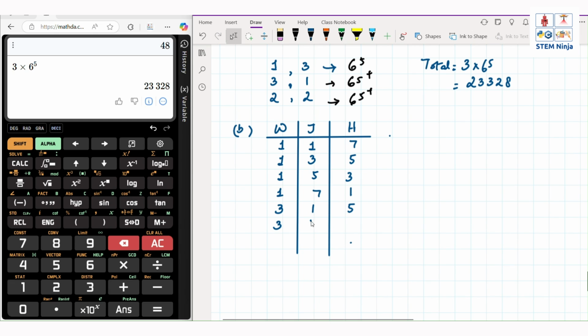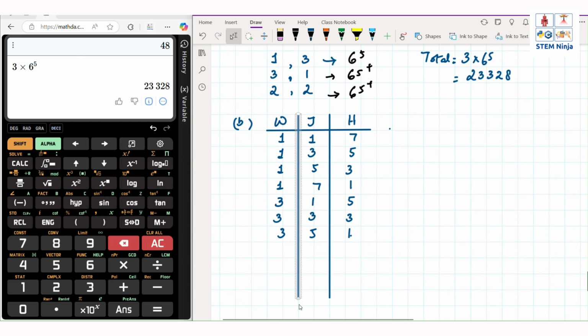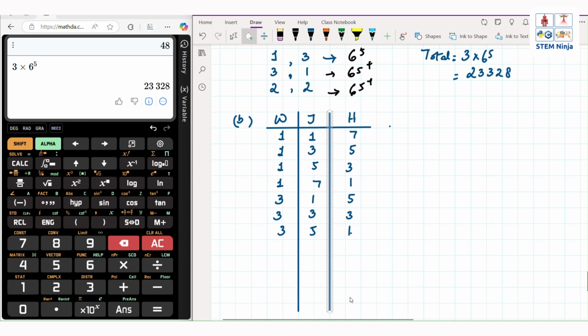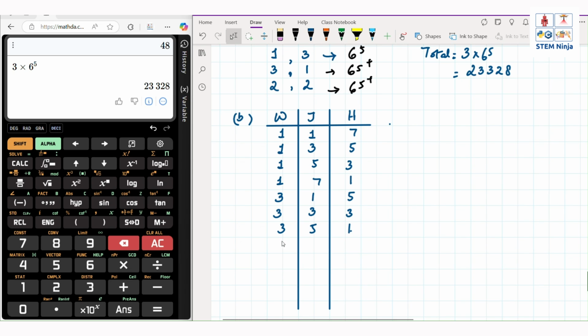We increase the second one again, 3, 3, 3. Then we have 3, 5, 1. And we can't have a 7 over here because obviously this would cross the 9 boundary. So we have 5, that would be 5, 1, 3, and 5, 3, 1. And then we have 7, 1, 1.